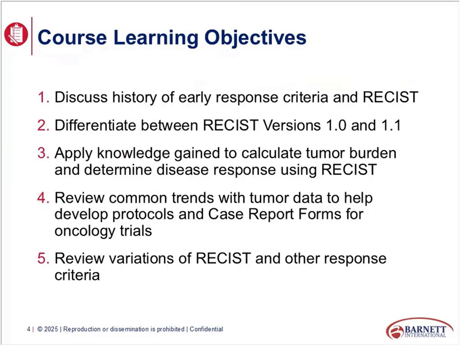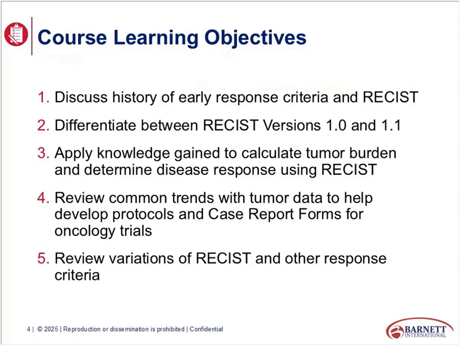So at the end of today's session, you should be able to apply the knowledge learned to these tasks. You should be able to discuss the history of the early response criteria and RECIST. You should be able to differentiate between the two RECIST versions, 1.0 and 1.1. You should be able to apply your knowledge gained to calculate tumor burden and determine disease response using RECIST.